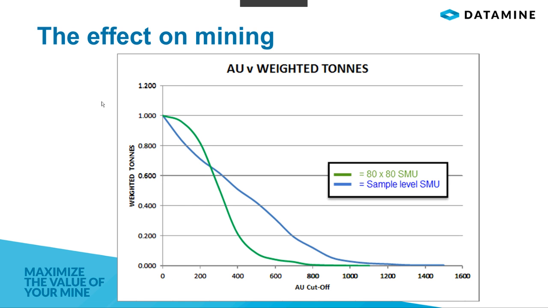If we take a look at the grade tonnage curve associated with this, comparing the 80 by 80 SMU, which is the example in this case, a sort of smooth S shape, with the sample level grade tonnage curve, looking at the blue line, we've potentially got higher tonnages at higher cutoffs, whereas with the green line, the amount of material drops off very quickly at high grade.